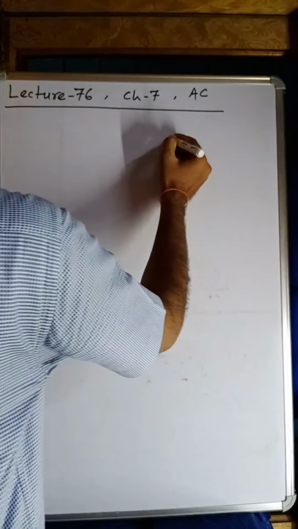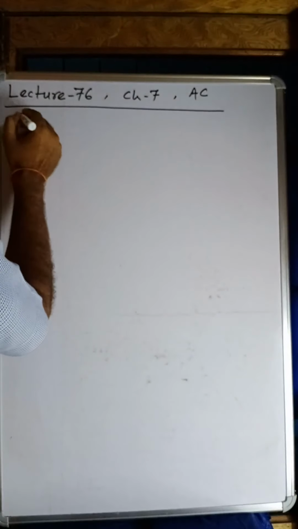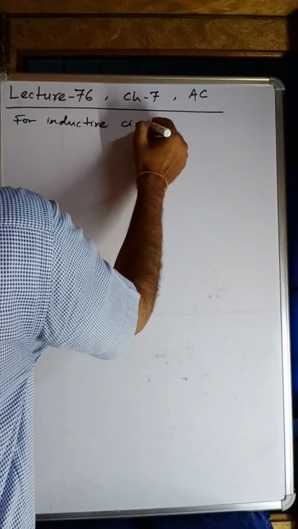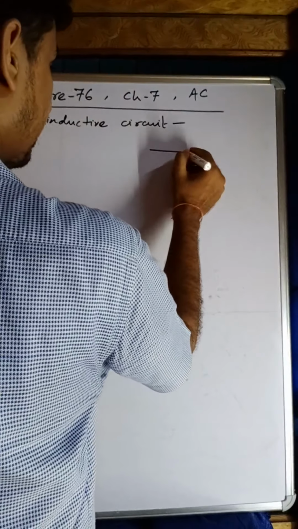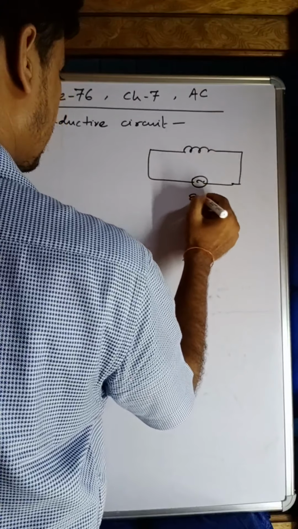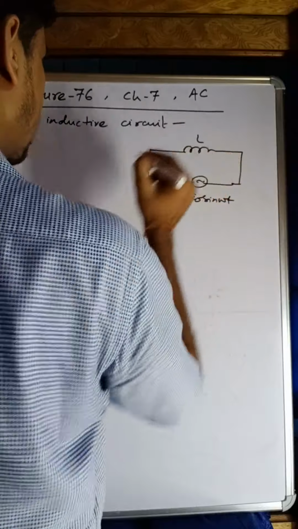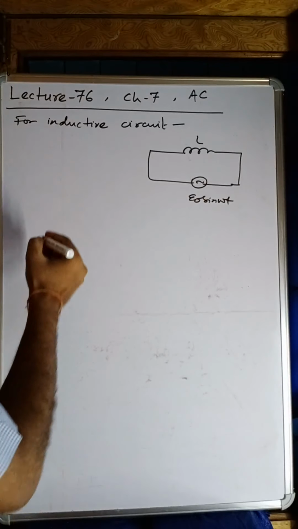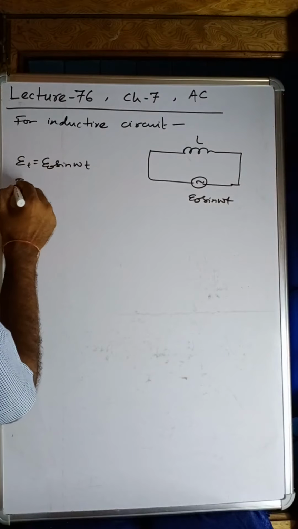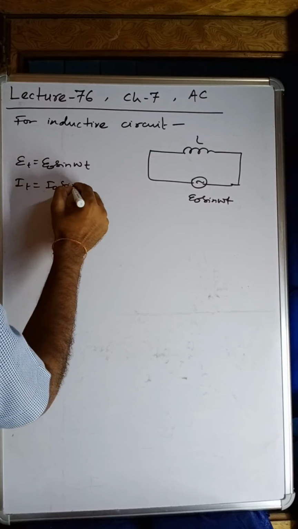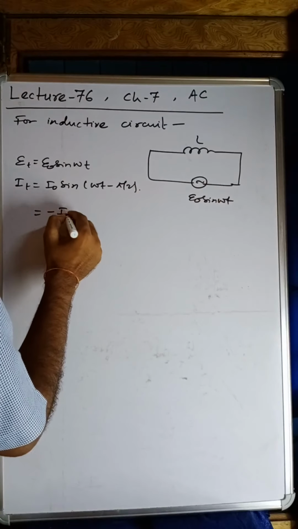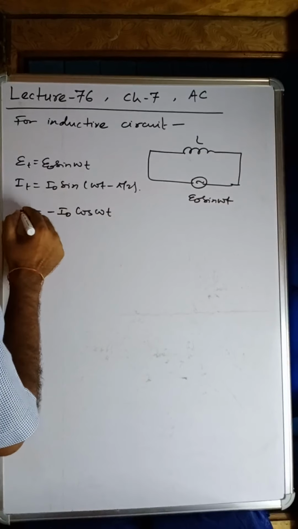For the inductive circuit, we have made, if the inductor is connected under AC of E naught sin omega t, then e(t) was E naught sin omega t and i(t) we got I naught sin(omega t minus pi by 2), or you can write minus I naught cos omega t directly.